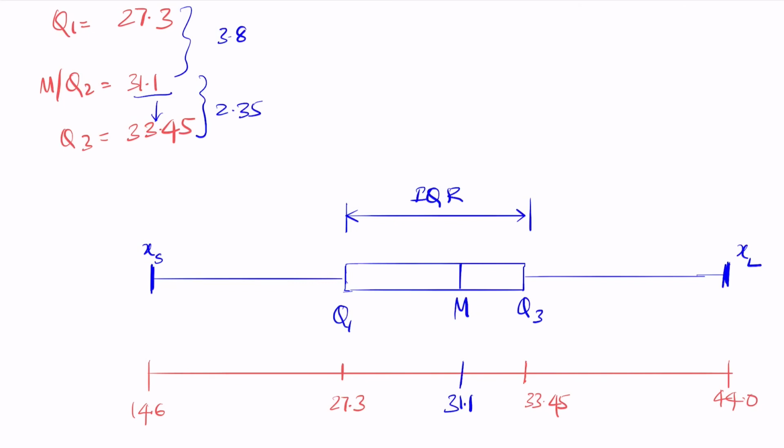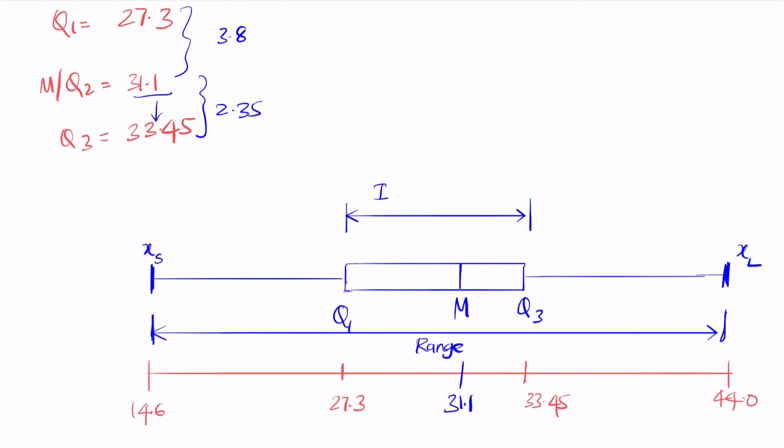Between these 2 points, the entire length of the diagram actually represents the range, but the actual representation of the rectangle is the interquartile range, or IQR for short form.